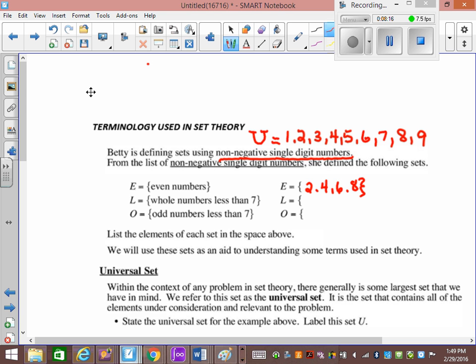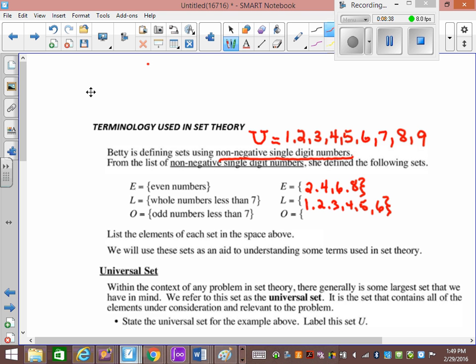Whole numbers less than 7. So 1, 2, 3, 4, 5, 6, and then I stop. Why didn't I add a 0, even though 0 is a whole number? Because my numbers have to come from my universal set, right?